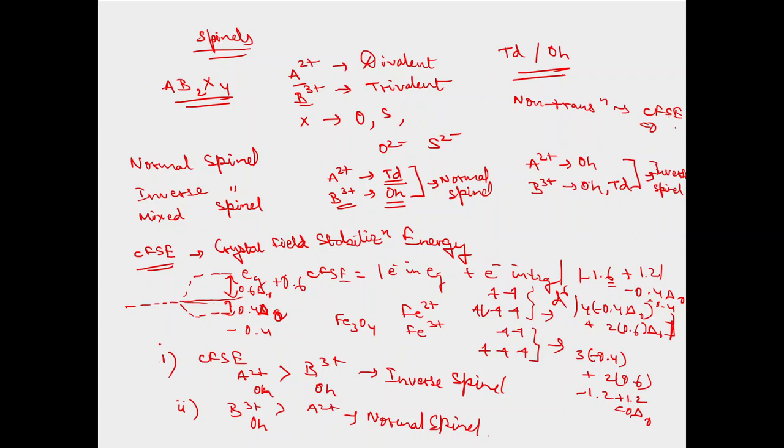So you have to compare. For the non-transition metal, the CFSE will always be 0, and for the transition metal you have to calculate and see whether it satisfies the inverse spinel condition or the normal spinel condition.